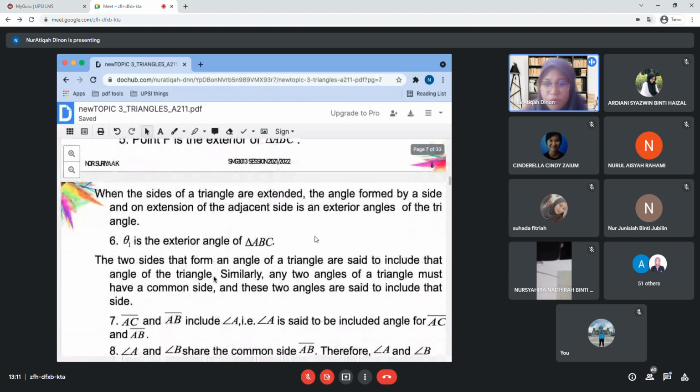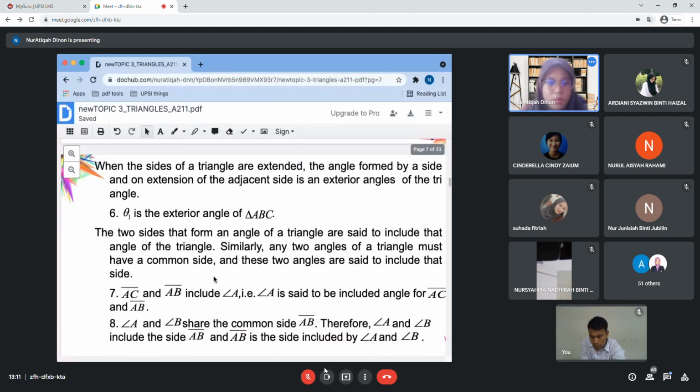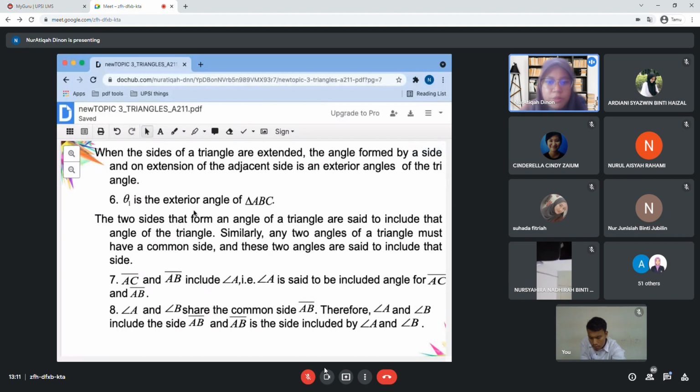If you don't understand any points in the slide, stop me. This is where we are introduced to the term adjacent, and then we have the exterior angle.